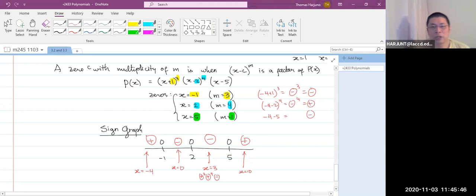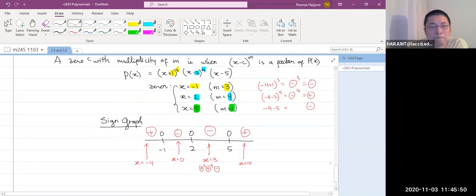Now we will see the following phenomena. Notice that the 0 at -1 has odd multiplicity. When it is odd multiplicity, the sign to the left and to the right are different.